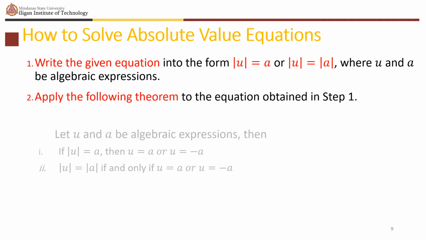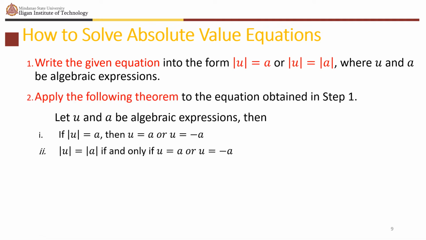That is, we let u and a be algebraic expressions. Then, if the absolute value of u is equal to a, then u is equal to a, or u equals minus a. Absolute value of u is equal to absolute value of a if and only if u is equal to a, or u equals minus a.